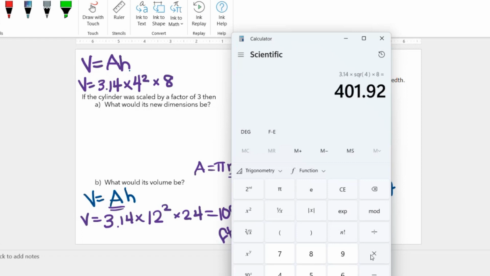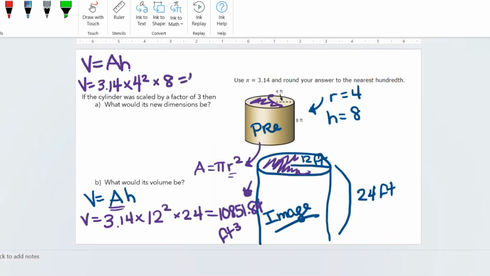And it was 401.92. That's the volume of this original.